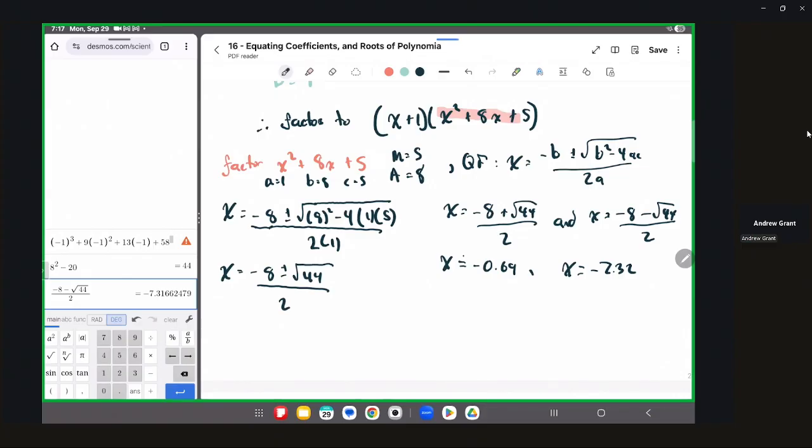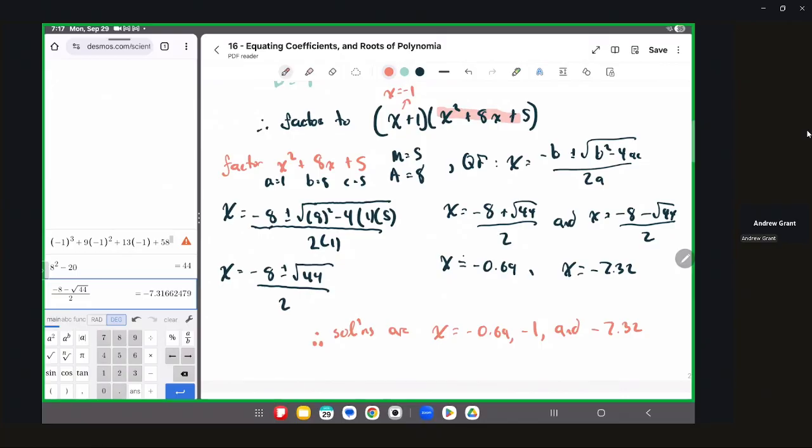So I just typed that into my calculator, negative 8 plus the square root of 44 over 2 and negative 8 minus the square root of 44 over 2. And combined with our previous solution, which we could see x was equal to 1, therefore the solutions are x is equal to negative 0.69, negative 1, and negative 7.32.